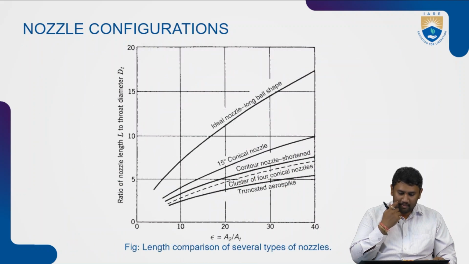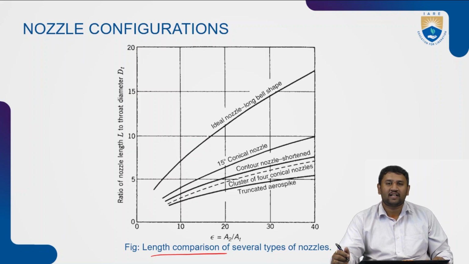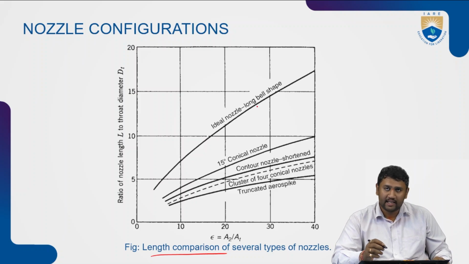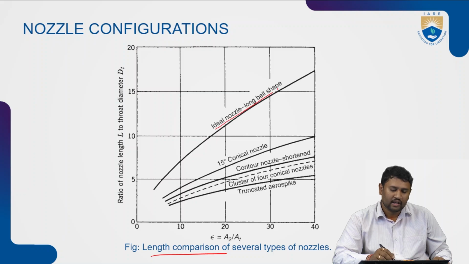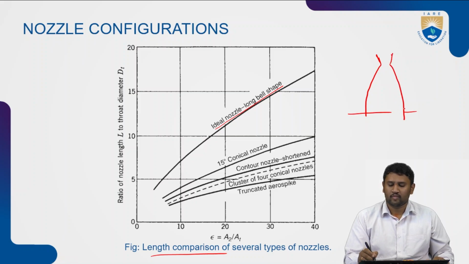Now, a small graph which shows a comparison of several types of nozzles based on the area ratios to the nozzle length. Now, ideally, a long bell shape nozzle.